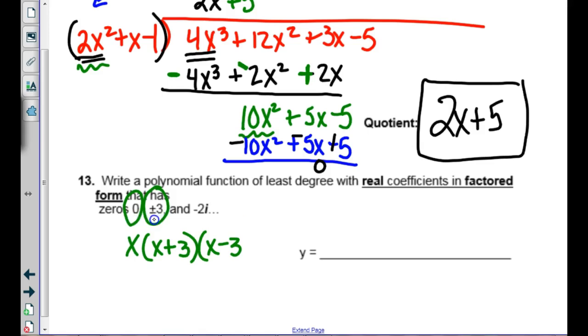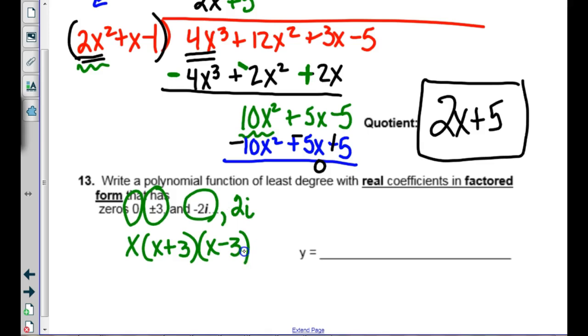There's 2 zeros, one at positive 3 and one at negative 3. So whichever order you want to write those in. Now, why is there a dot at the end? Because if you have a negative 2i, there automatically has to be a 0 at positive 2i. And you're expected to know that.